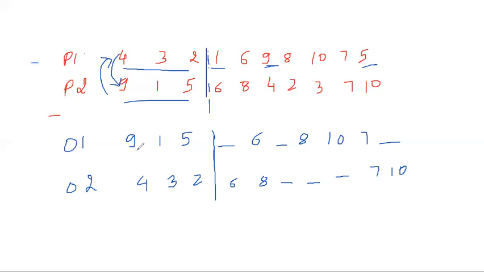Now if I see, 9 and 4 are actually exchanged. So corresponding to the position of 9, what is the corresponding element in my P2? It was 4. So I replace it by 4 and so on. This was a direct exchange, which was very easy. The next element is 1.